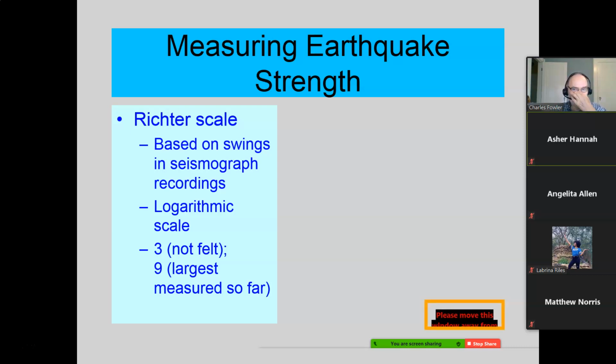Now, the Richter scale is what we call a logarithmic scale. I don't know if y'all are familiar with logarithms, but here's an example. Think of the number 10. Then think of the number 100.